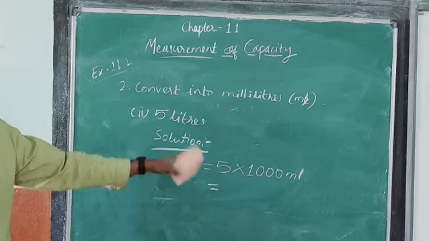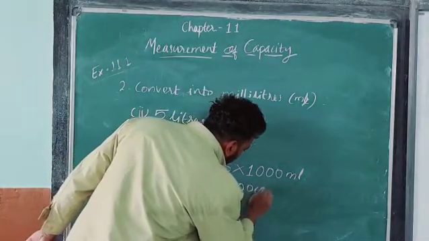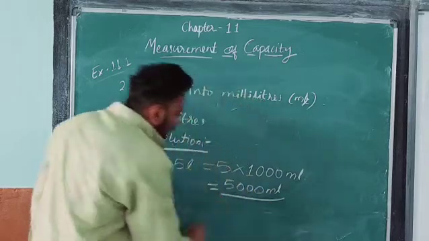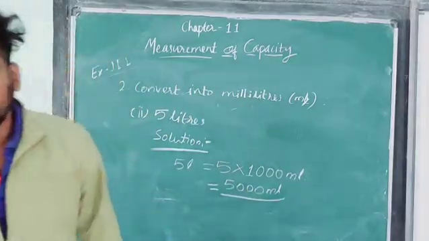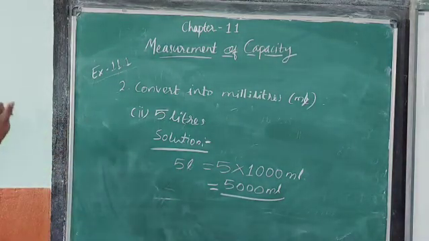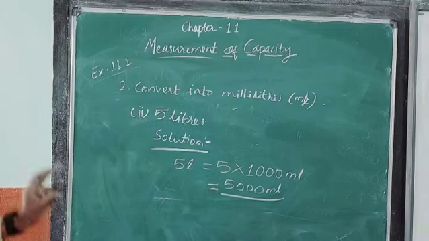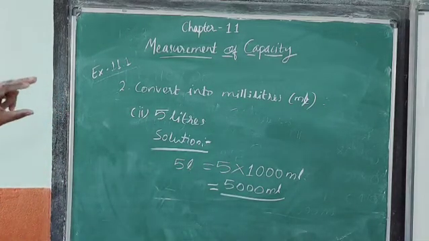What is 5 into 1000? That is 5000 ml. Understood? So 5 liter is 5000 milliliters. This is how we have to convert liters into milliliters.